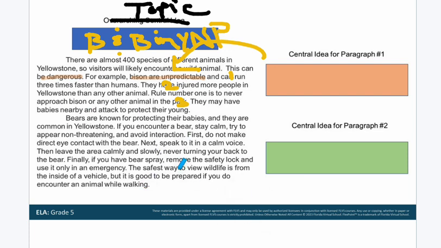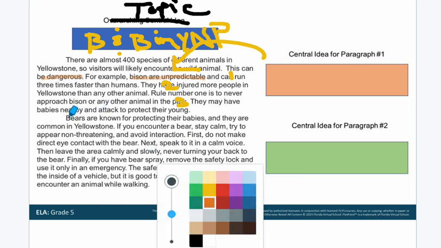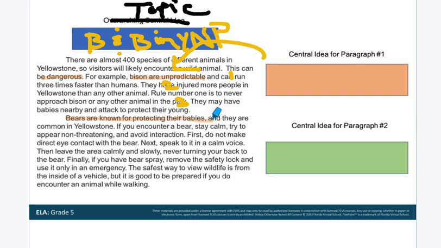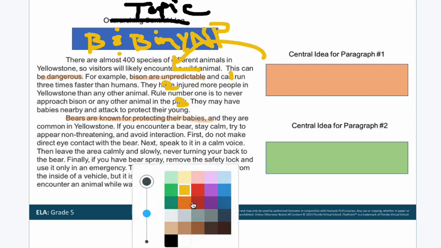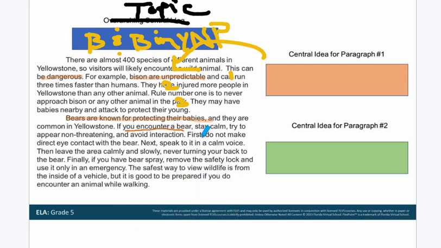So what's my main idea about this one? Well, this one is telling me that bears are known for protecting their babies. Is there evidence that supports that this is talking about bears protecting babies? Yes. It tells me what to do if I encounter a bear. So I know that this is probably about what to do when you encounter a bear. It says 1, stay calm, avoid eye contact. 2, speak in a calm voice.